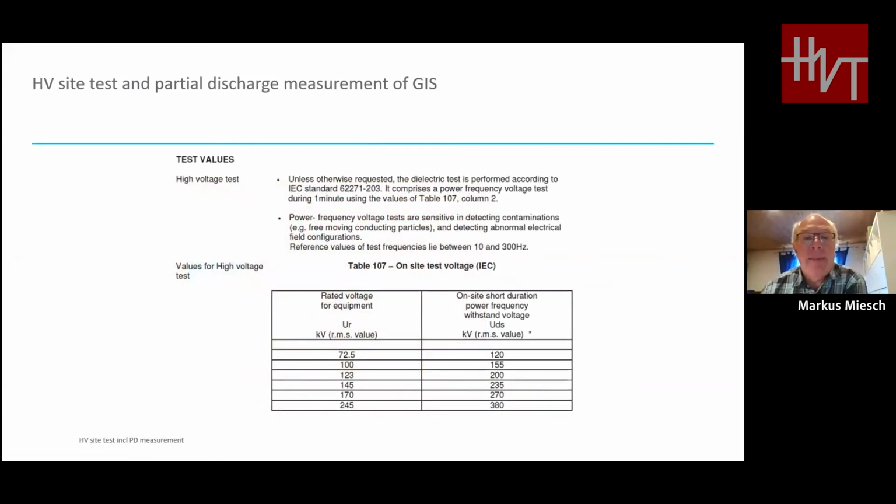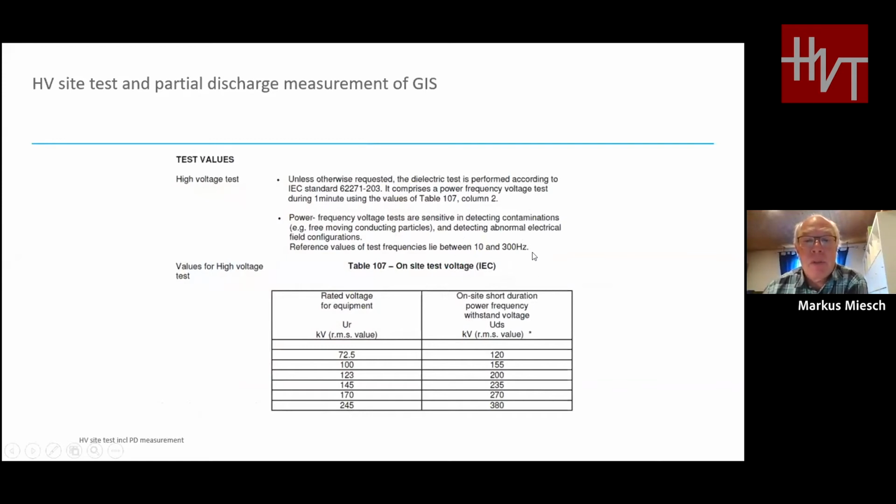In the IEC standard are also mentioned the test voltages to be applied during 1 minute. The frequency of the test voltage should be between 10 and 300 Hertz.